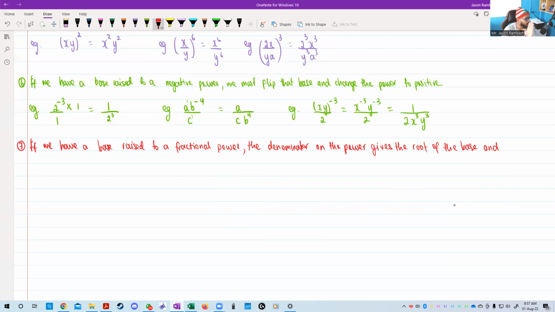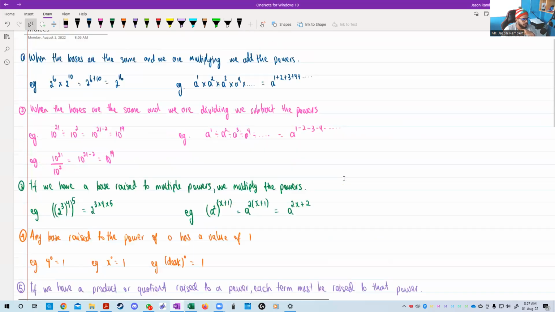Now, law 7 is a long worded one, right? Don't be frightened. And the numerator gives the power on the root.